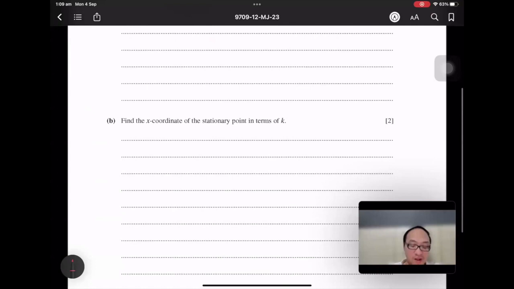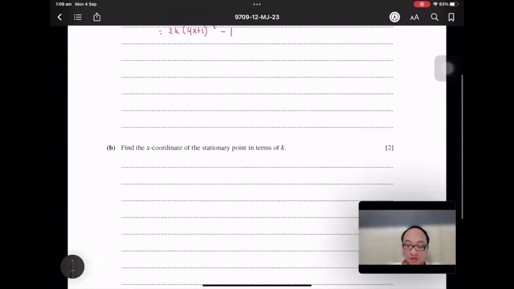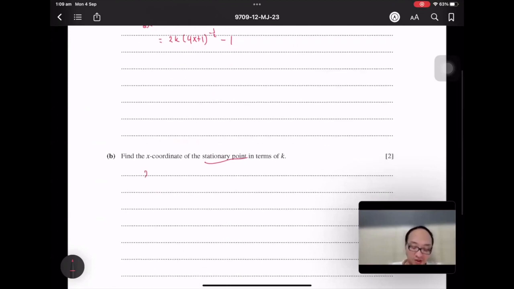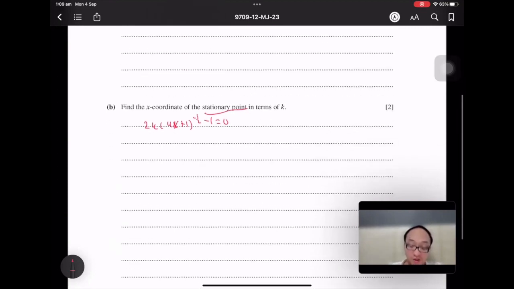Find the x-coordinate of the stationary point in terms of k. The stationary point is when dy/dx equals 0. So 2k (4x plus 1) to the negative half minus 1 equals 0. So that means 2k over root (4x plus 1) equals 1.